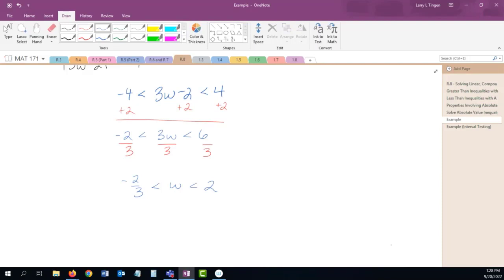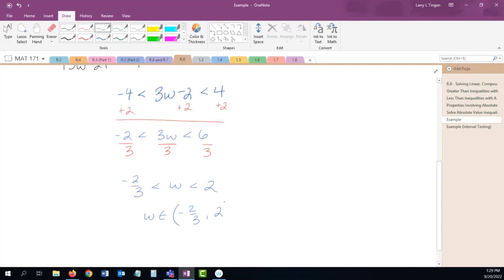All right. Want to write that in interval notation. I'm starting at negative 2/3. I'm going up to 2, and then I take my step back. Is negative 2/3 included? No, because this is strictly less than.